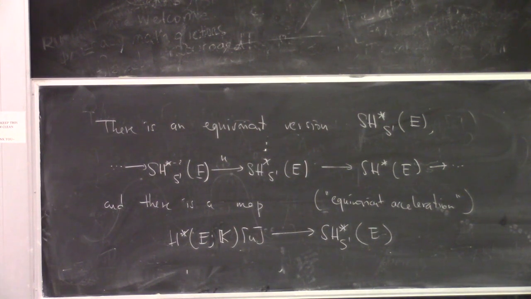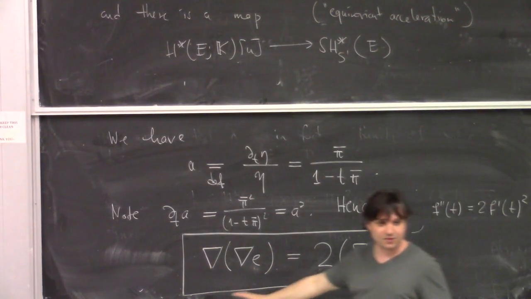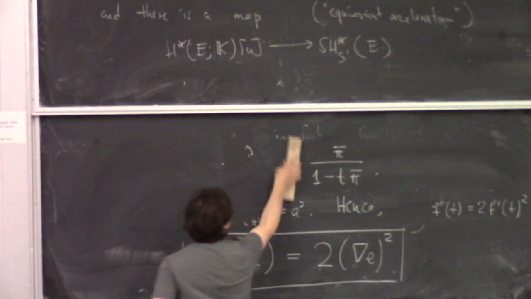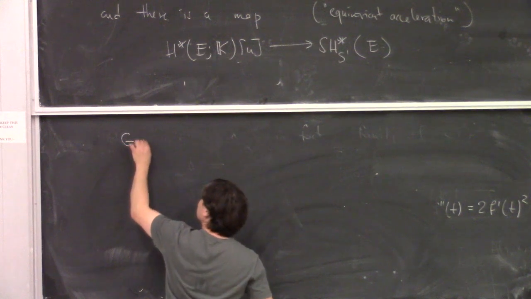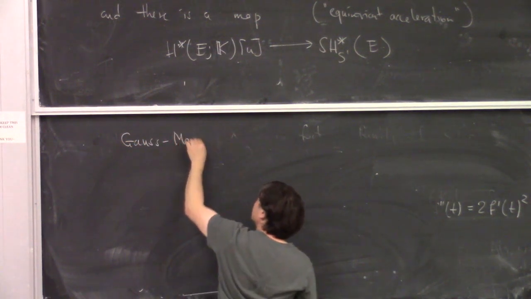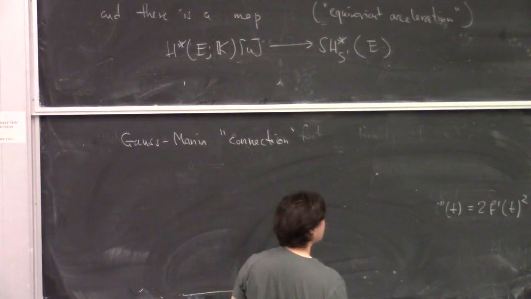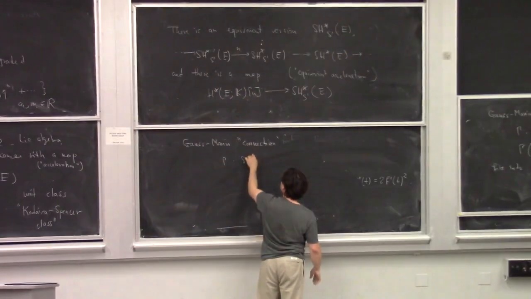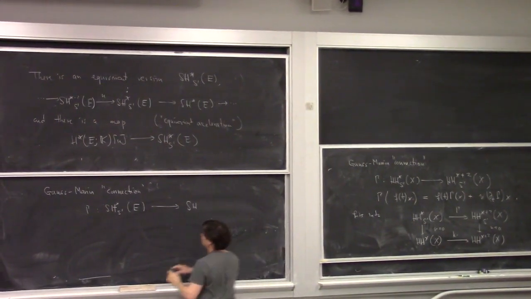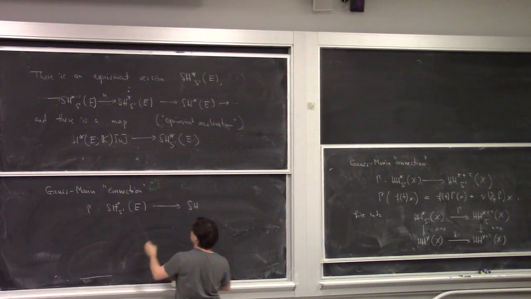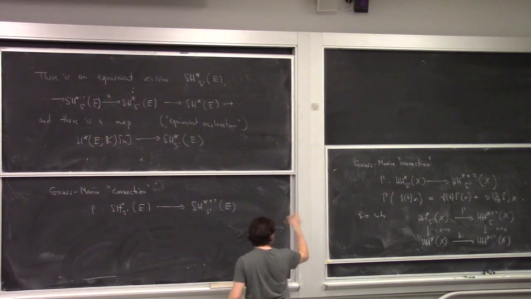Now comes this funny phenomenon in mirror symmetry talks where you erase something and then write down the same thing. So I'll write it down on a different board. So there's the Gauss-Manin connection, gamma, from SH S1 of E to SH S1 plus 2 of E, so it satisfies the same property as that one.